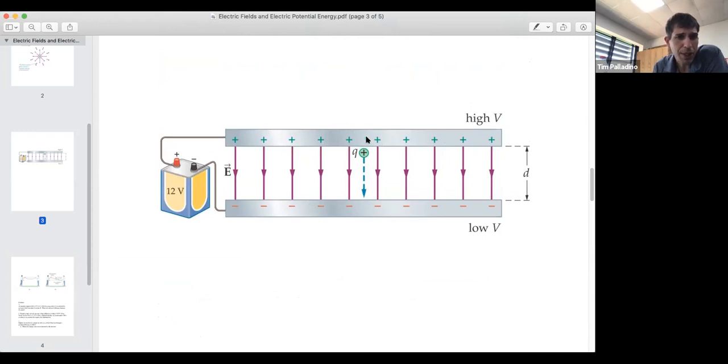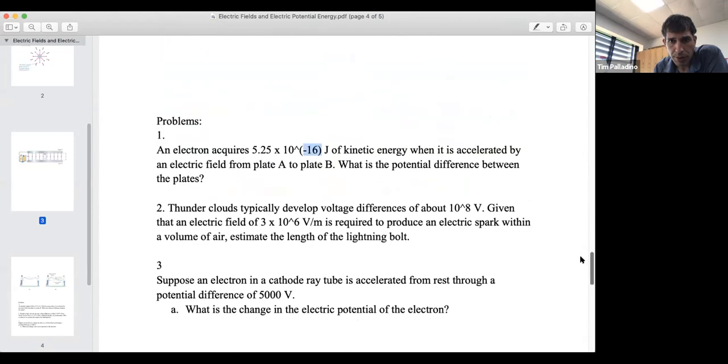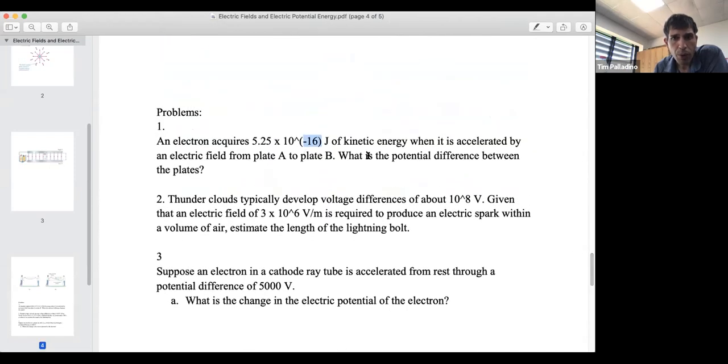You're going to have an electron in an electric field, and it's going to be accelerated between two plates. What is the potential difference between the plates?